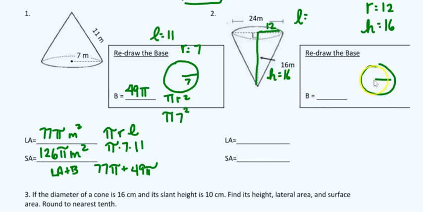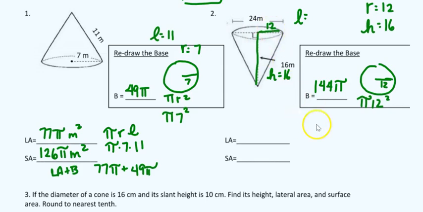So let's start there. We said the radius was 12, and pi r squared will give us the area. So 144 pi is going to be the area of this base. Perfect. Now we're going to use the same method that we did earlier to find our slant height. We'll do Pythagorean theorem.